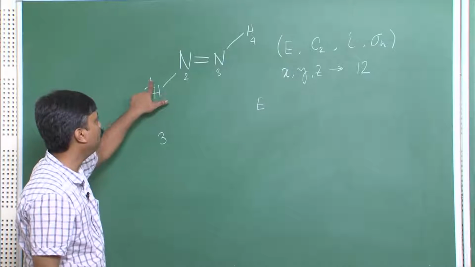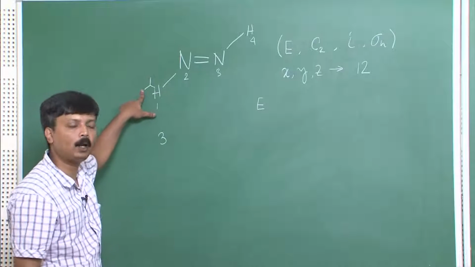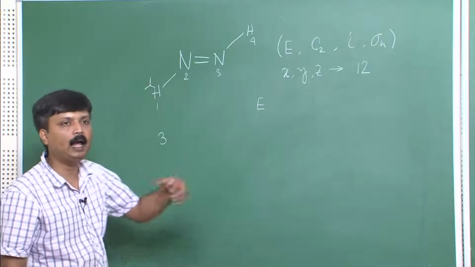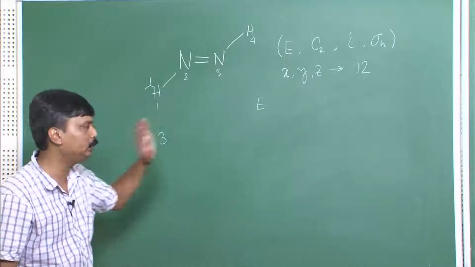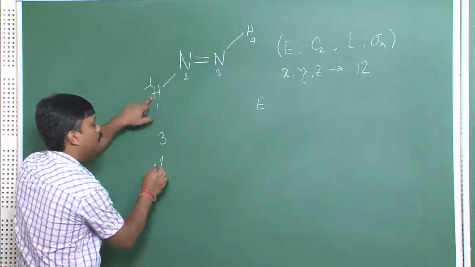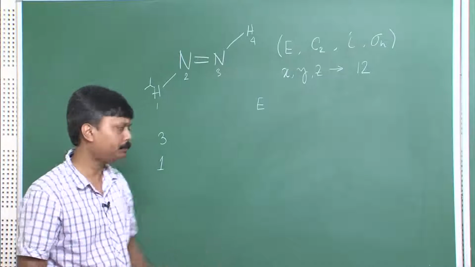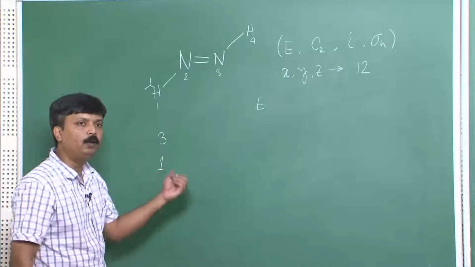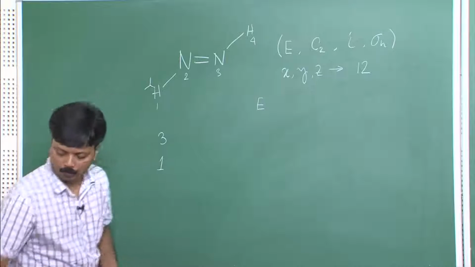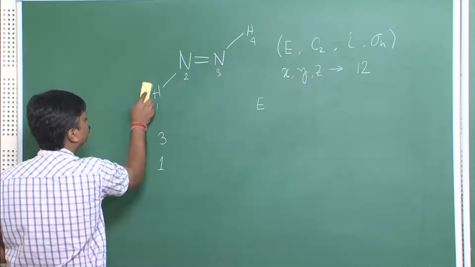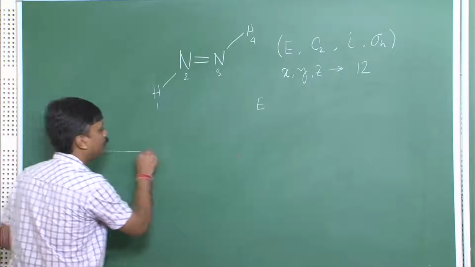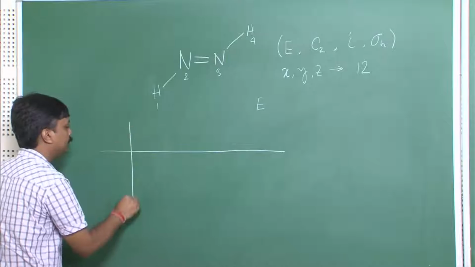Suppose I had the 1s orbital as my basis function here instead of xyz, then that would contribute a character of 1 to the representation. Now let us start with all the symmetry operations so that it becomes more clear. We will start with the identity operation and go directly to the representation.